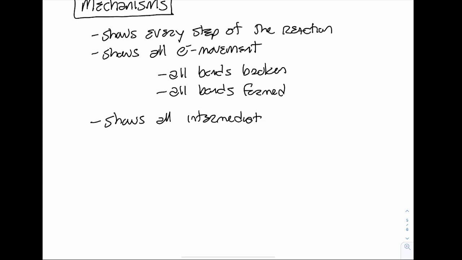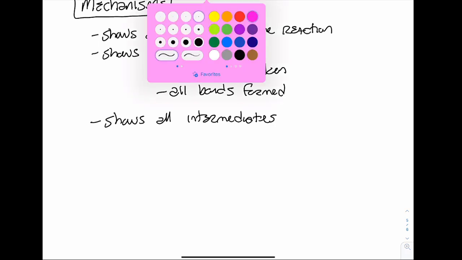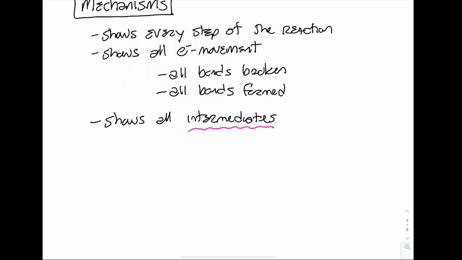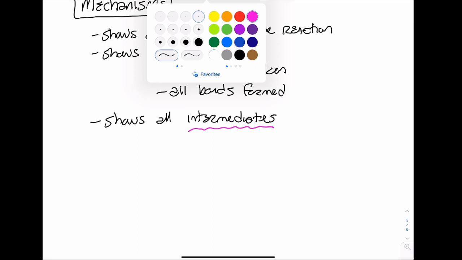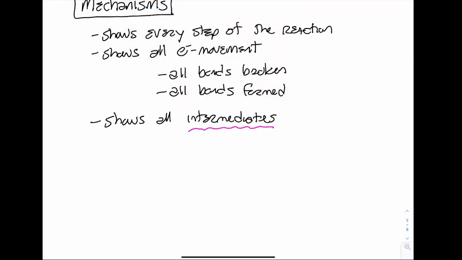Do you remember from 152 what an intermediate was? You would have defined it in your kinetics chapter, so chapter 12. Yeah, good. So an intermediate was something that we're forming in one step and then consuming in a subsequent step. Contrasting that to a catalyst, right?